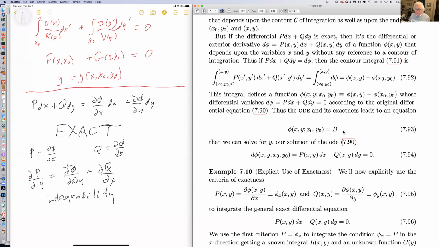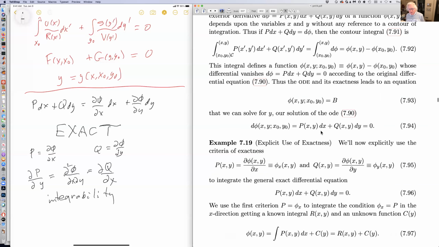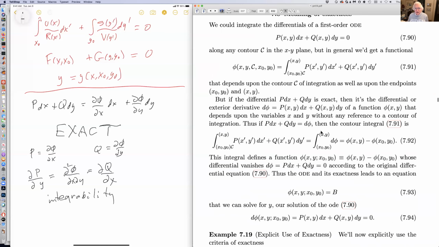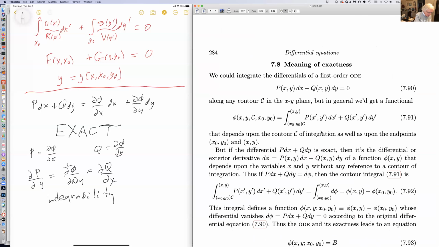You can then solve that equation for y of x, x0 and y0, and B, but B is just a function of these. And so you get the solution. So that's basically how that works.